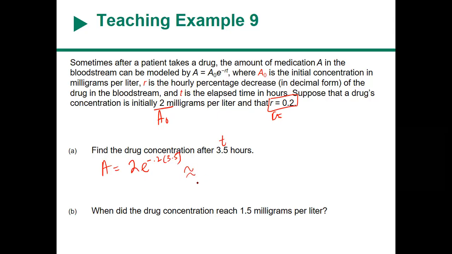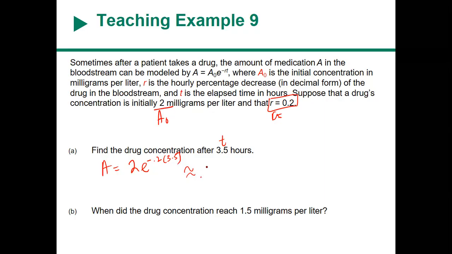So approximately, what would be the concentration of the drug? Anybody with a calculator, or do I need to pull mine back up? Remember, if you're not practicing using your TI-83s and TI-84s when it comes to the quizzes and tests, and you don't feel comfortable with it, or you don't know how to use the device, it's on you. Thank you.